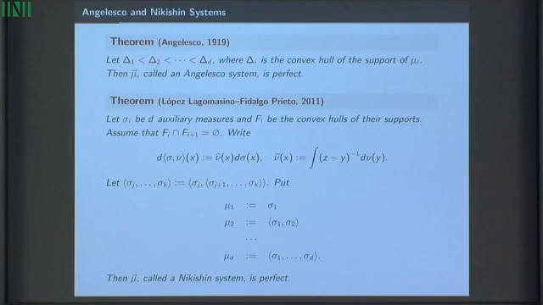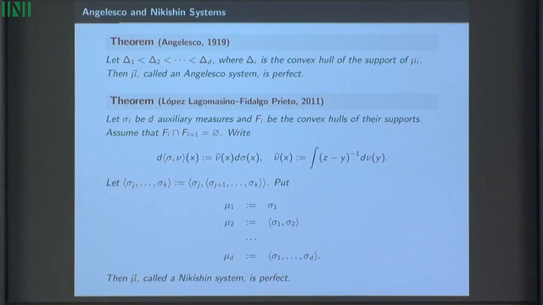What Nikishin realized is the following: if you have two measures supported on the same interval, what will be important for the asymptotics of the polynomials is the analytic continuation of the ratio of the measures on the interval. So if your measures are absolutely continuous, you take the densities and their ratio, and you look at the continuation properties of that ratio. He said, well, let's consider the case when this ratio is in fact a Cauchy transform, or a Markov function, of another measure. And that's exactly what's written here.